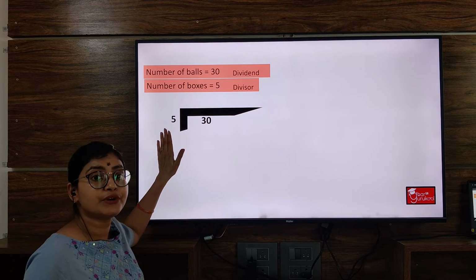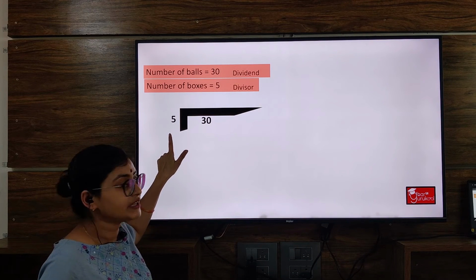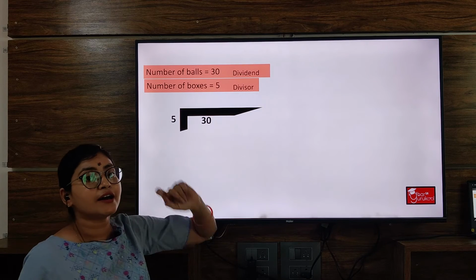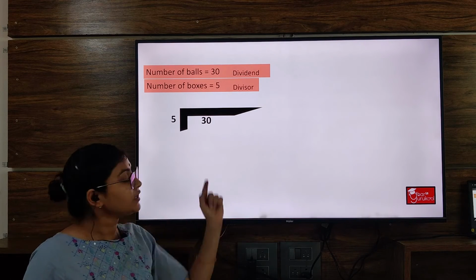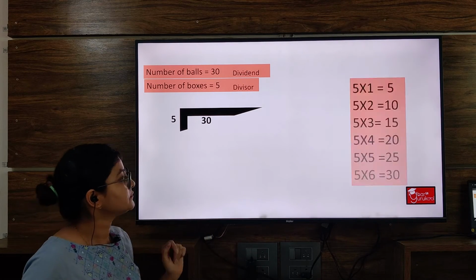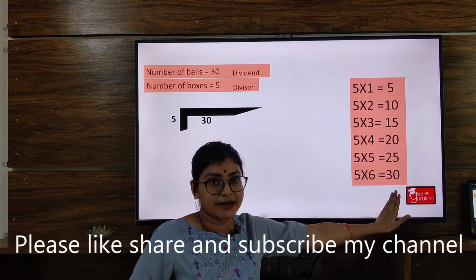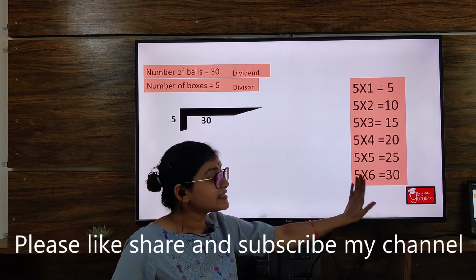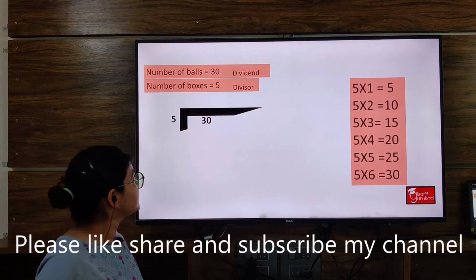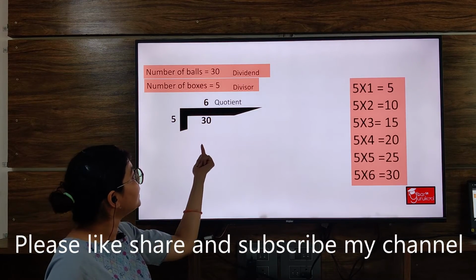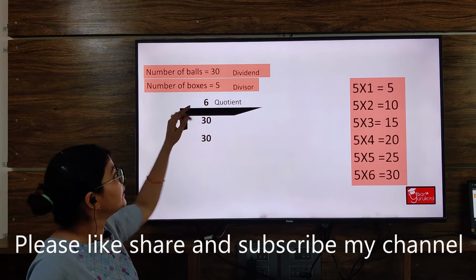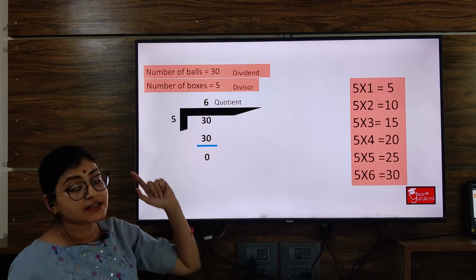Now we have to read the table of 5 till the time 30 or a number nearest to 30 comes in the table. So we found out that 5 6s are 30, or 6 times 5 is 30. Now 30 minus 30 is 0.